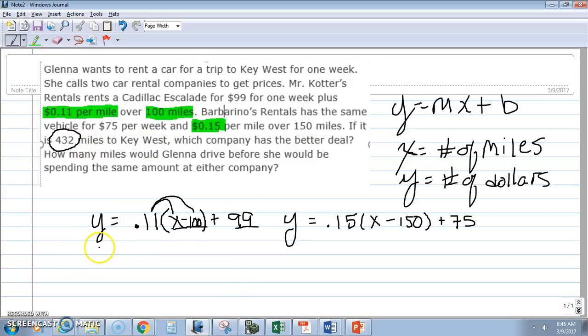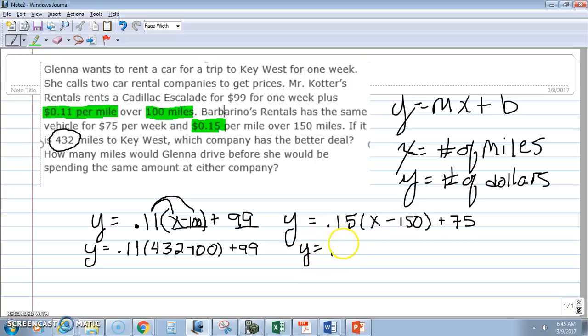So the first thing you're going to do is solve each equation for y equals, and 432 miles, so we're going to replace our x. This was just like making those tables with 432, okay, in both equations, and that's how you can figure out which is cheaper for 432 miles.